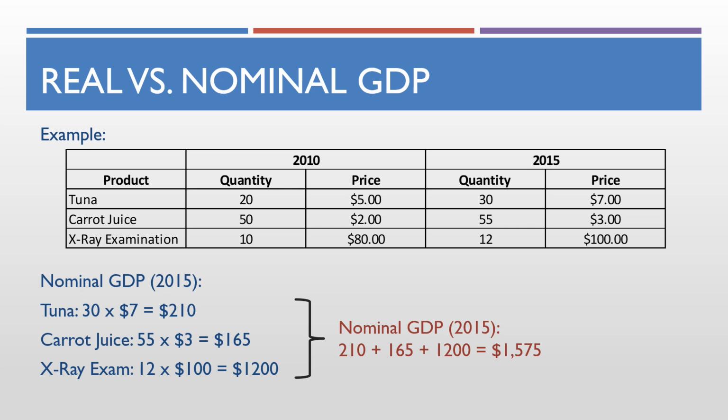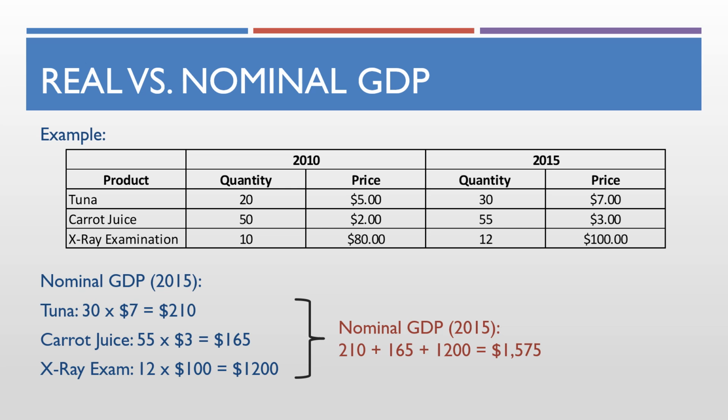But is it necessarily true that we are doing a lot better than 2010, right? If you do a quick math here, the total value in 2010 should be 20 times 5, which is $100, and 50 times 2, another $100, and then 10 times 80, which is $800, so it adds up to $1,000.